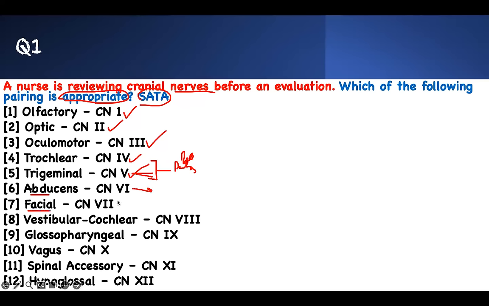Facial, cranial nerve 7. Vestibulocochlear, also 2 nerves involving balance, is cranial nerve 8. Glossopharyngeal, cranial nerve 9. Vagus, cranial nerve 10. Spinal accessory, cranial nerve 11, and hypoglossal is cranial nerve 12.